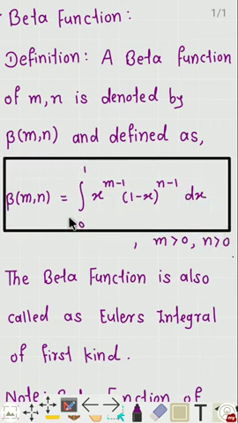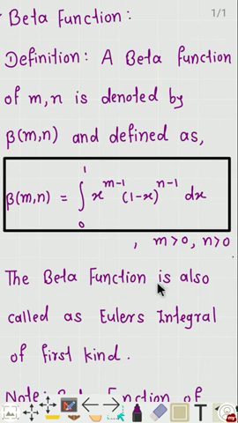Once again, a beta function of m comma n is denoted by beta m comma n and defined as beta m comma n is equal to integration over 0 to 1 x raised to the power m minus 1 into 1 minus x raised to the power n minus 1 dx, provided that m is strictly greater than 0 and n is strictly greater than 0.